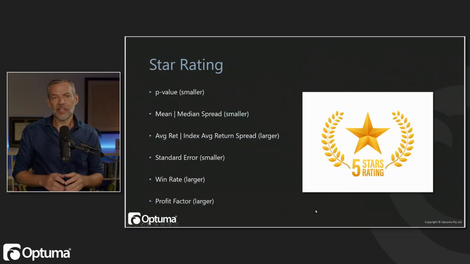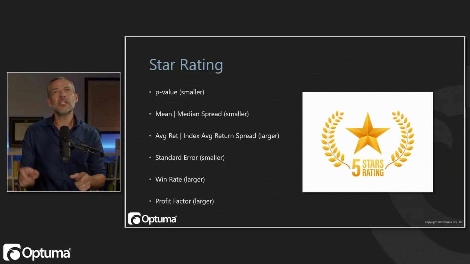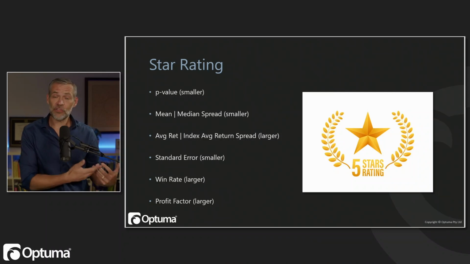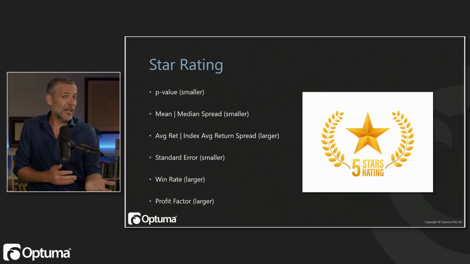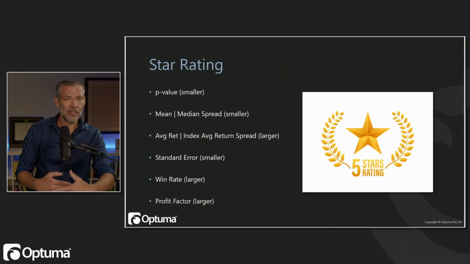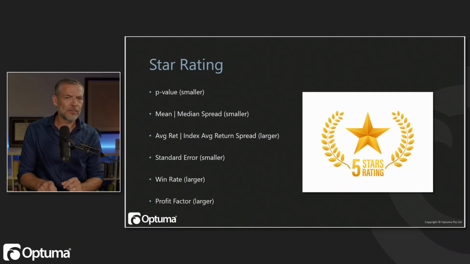So the rating's made up of a number of metrics. And it doesn't just mean that it's a high profit, because there's a lot more to it. It's like that strategy that I was showing you. I was making 8.8% return per year, which was not a bad return, but the market, if I did buy and hold, was making 11.3%. So profit alone isn't enough. We need to look at a number of different metrics.